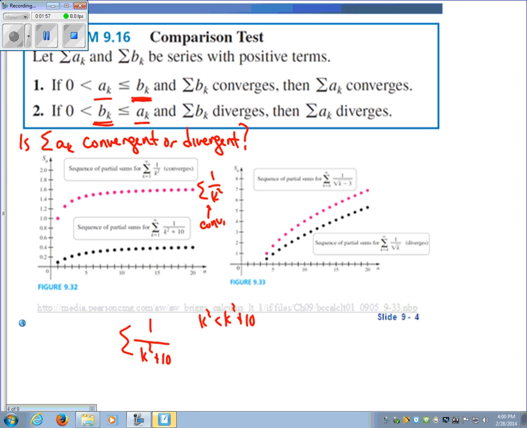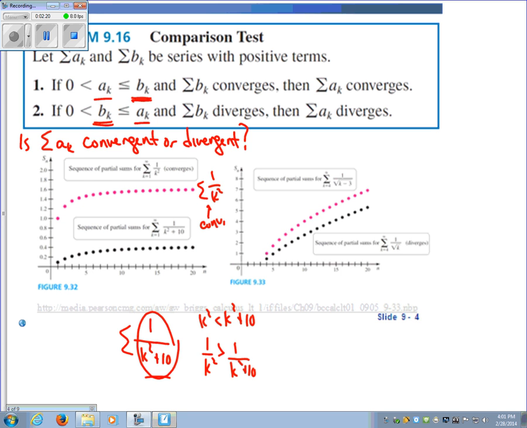Now I'm trying to compare 1 over k squared plus 10 to 1 over k squared. If you have an inequality and take the reciprocal of both sides, the inequality actually reverses. So what I've just shown is that this series, term for term, 1 over k squared plus 10 is actually smaller than 1 over k squared.